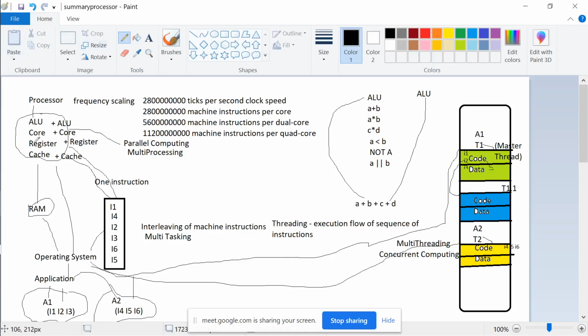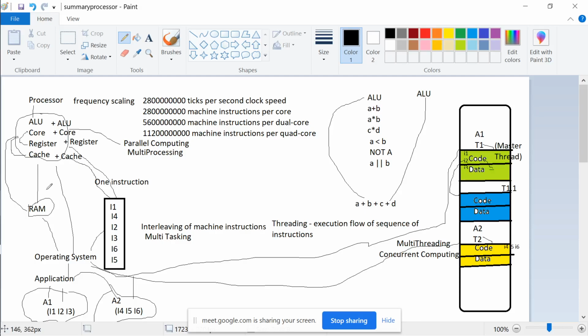So here you have your processor, right? Your register is the nearest, but it is the smallest memory and it is the fastest memory. Your cache is the second fastest and your RAM is the third fastest. So which memory is the fastest? Register is the fastest. If you store A and B inside the register, it is going to process them and store the results in the register.